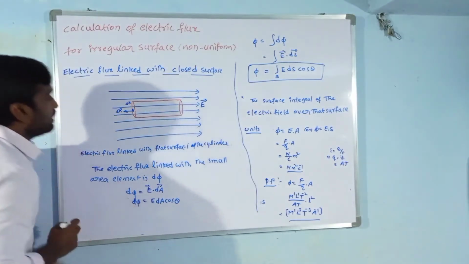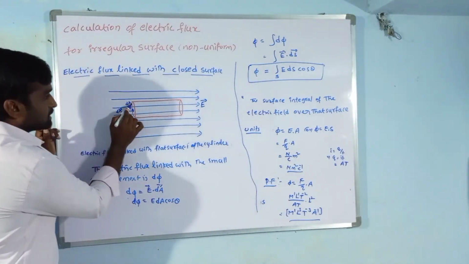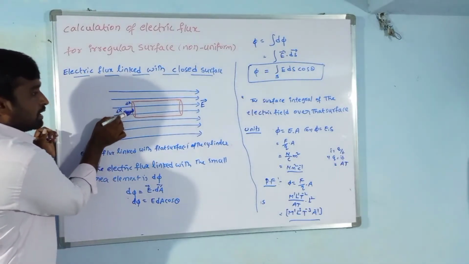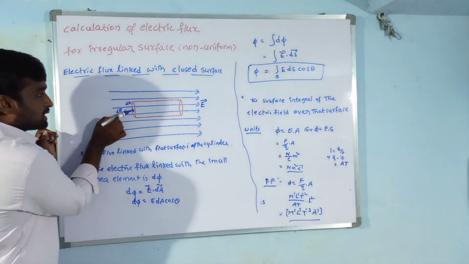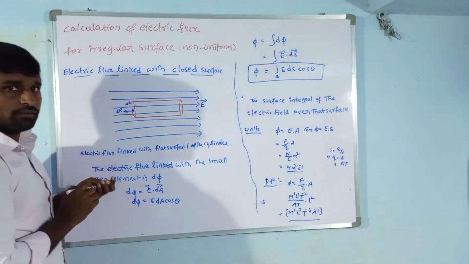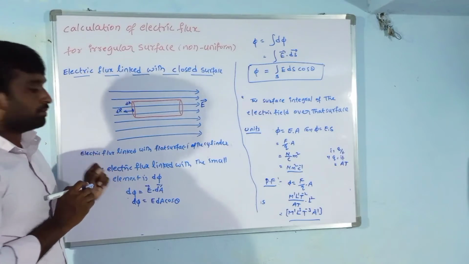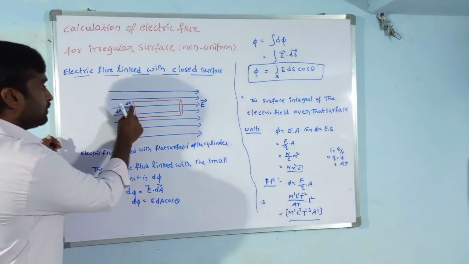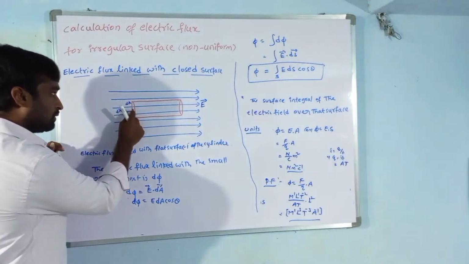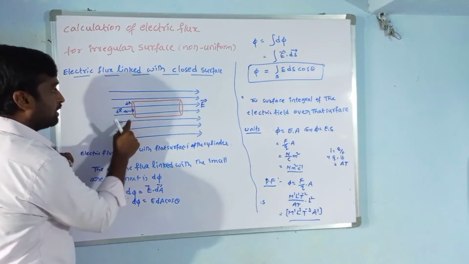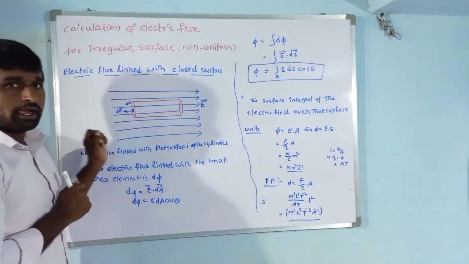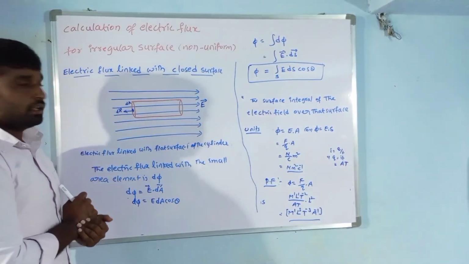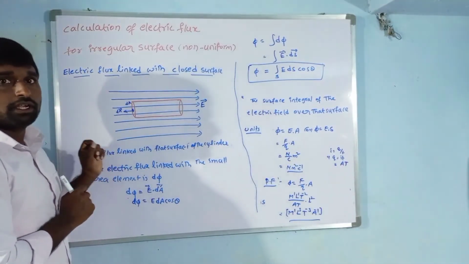This is d phi. Now this flat surface contains a number of small area elements. The electric flux linked with each small area element is d phi equals E dA cos theta. Now if you want the flux linked with the total flat surface, we have to add the flux linked with all the small area elements. To do that we have to take integration.